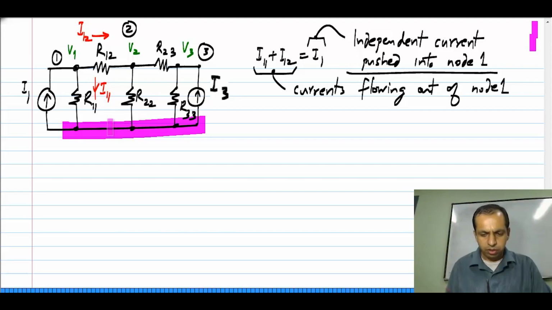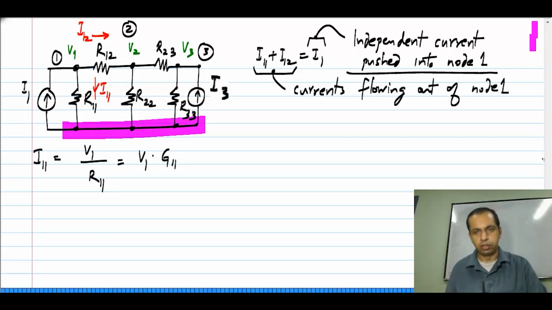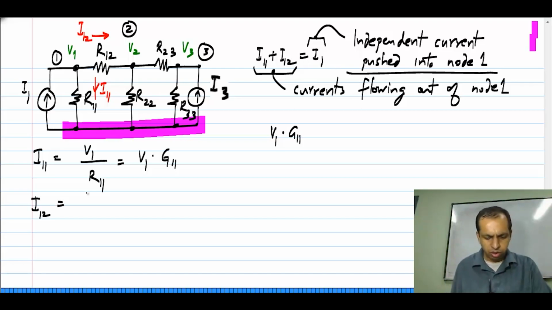Now, what is I11? I11 is nothing but V1 divided by R11. Okay. So, I11 is V1 divided by R11, which is V1 times G11. Okay. So, I have to write V1 times G11, and I12 is nothing but the voltage across this resistor.